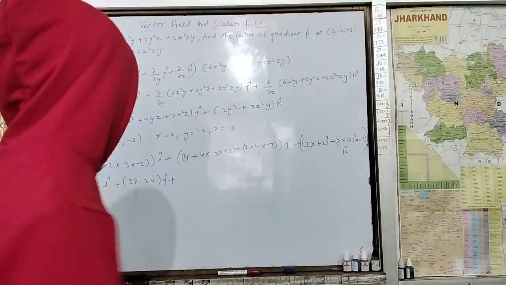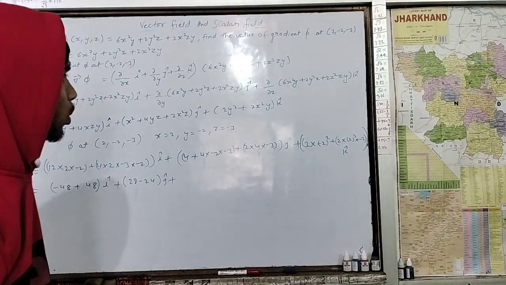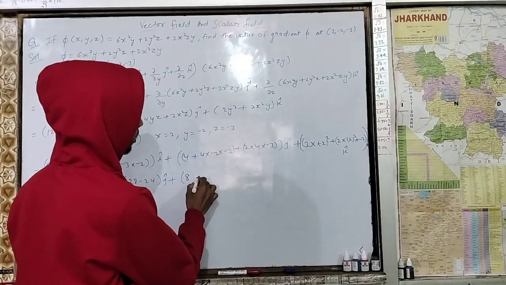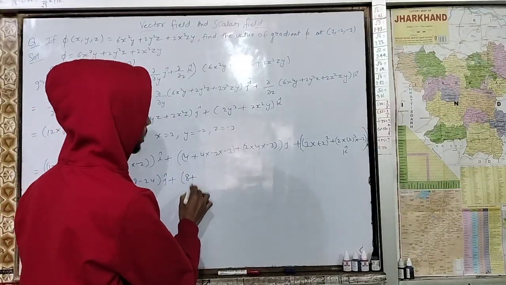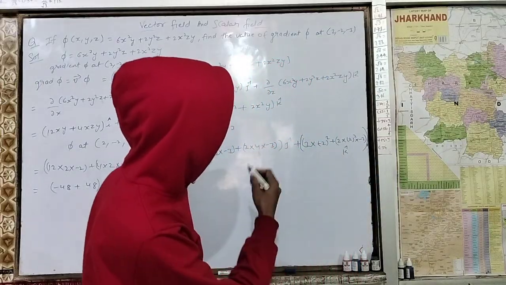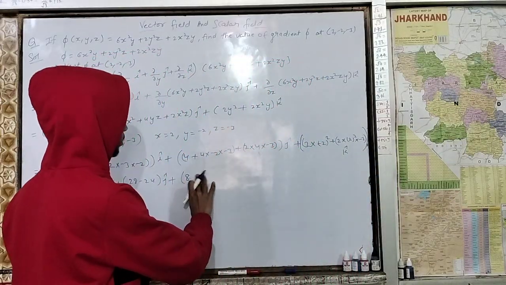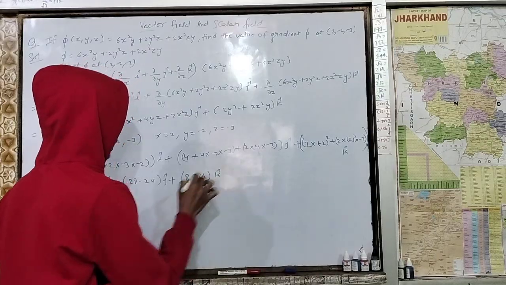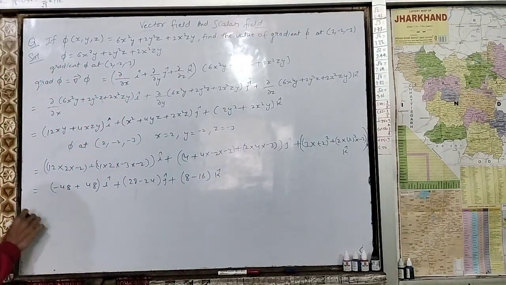Plus this is along k cap. 2 multiplied by 2 to the 4, 4 to the 8. 4 to the 8 plus 4 to the 8 plus 2 to the 4, 4 to the 8, 8 to the 16, minus 16 along k cap. Okay, no problem. This will become 0.